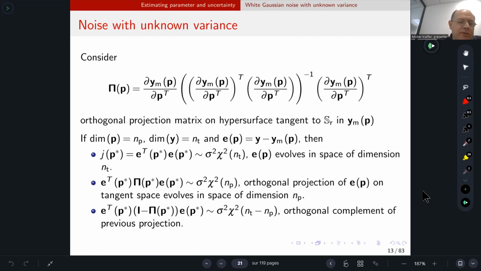And the same, if you consider the orthogonal of this, the orthogonal of the error, and you take the scalar product with the residual, then you obtain a random variable distributed according to a chi-square distribution with nt minus np degrees of freedom.